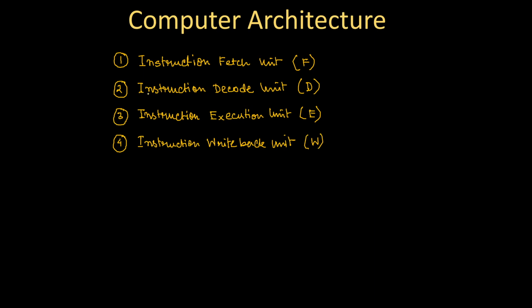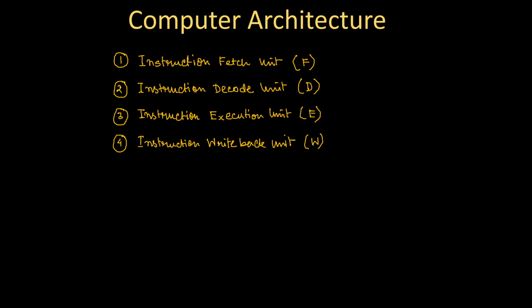So these are the 4 components that we can imagine overall as black boxes, and somehow they are connected in the system so that our instruction is executed.